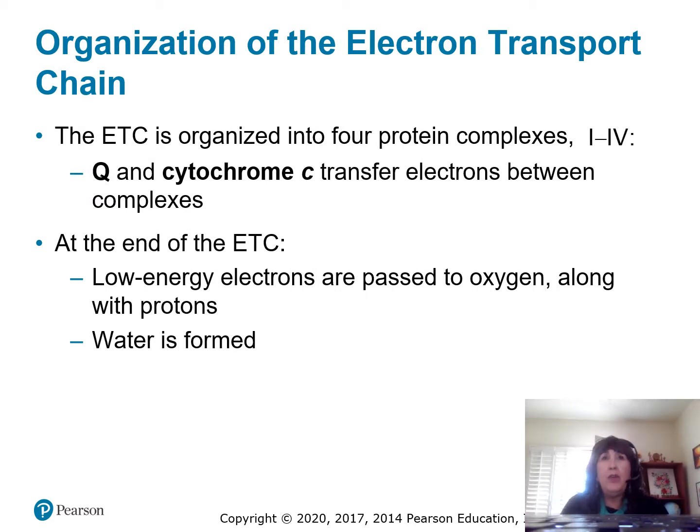Okay, so you know that there's cytochrome C and ubiquinone represented by Q. The other thing that I need to tell you is these molecules are located among 4 protein complexes, and these are given Roman numerals, and we're going to see these in an upcoming diagram. And as these high energy electrons are released, this energy is going to be used to pump protons, hydrogens, to one side of the inner membrane of the mitochondria.